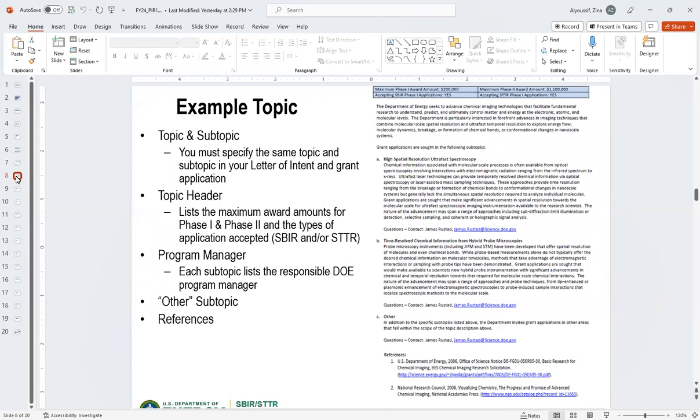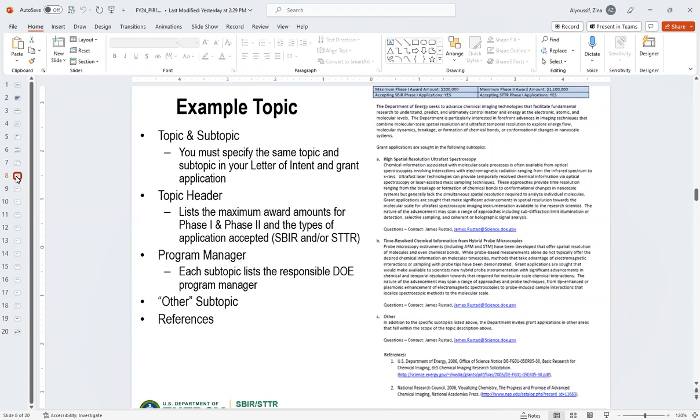Under this subtopic, you can submit proposals that fall within the general topic description, but do not fit with any of the other subtopics. After each subtopic, there is "Questions - Contact," then the name and email address of the point of contact that you can reach out to with your questions.